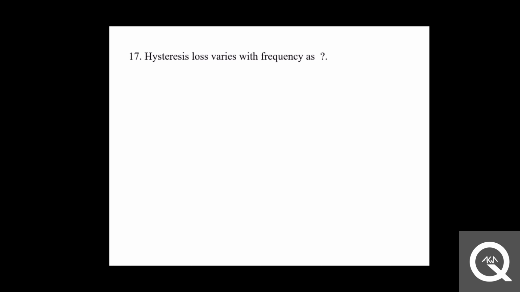Next question. Hysteresis loss varies with frequency as? Options are F, F raised to 1.6, F square, F raised to 2.6. The answer is F, but there is a condition.